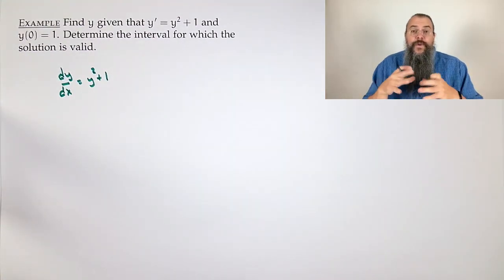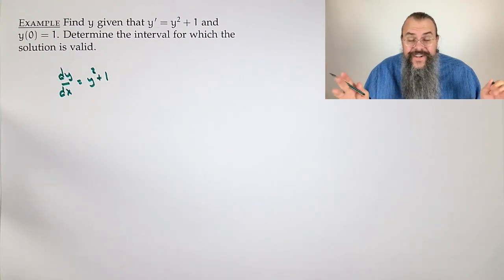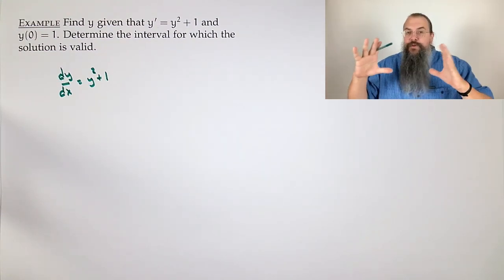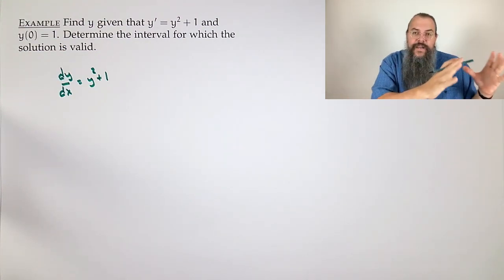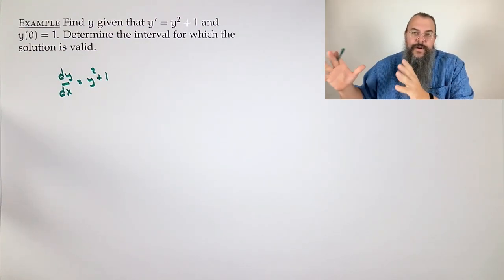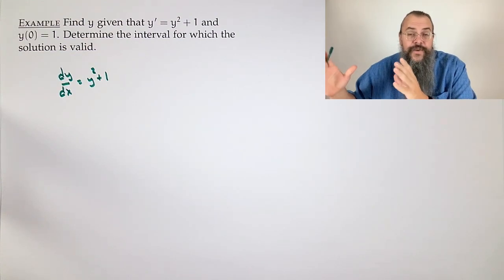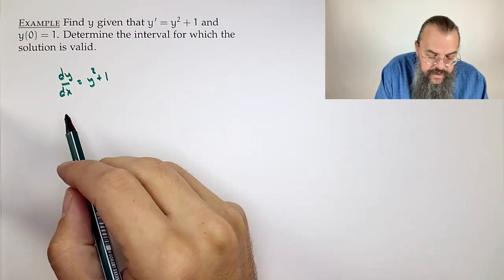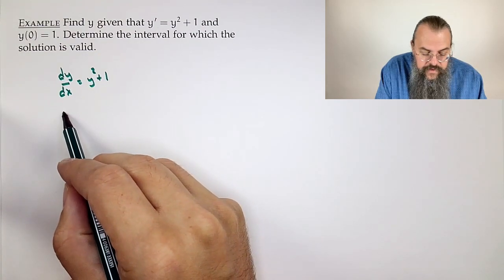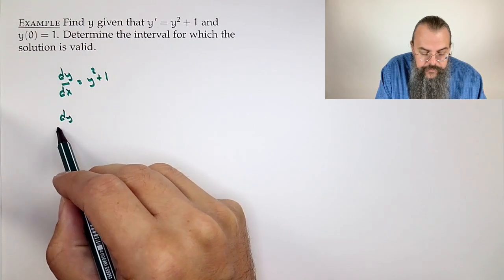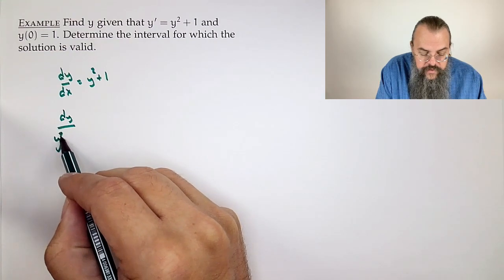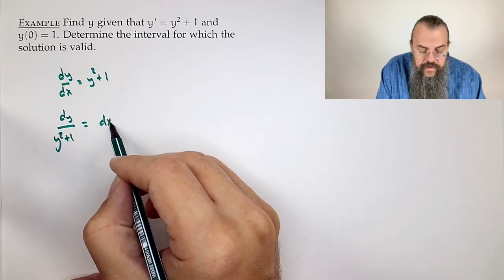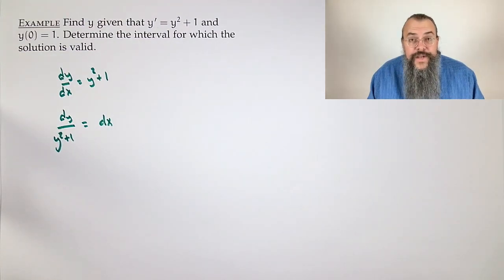And notice, when there is no x at all, it's always going to be separable, because you can just put the dy dx on one side, the other stuff on the other side, and then just divide. By that I mean, this is really the same as dy divided by y squared plus 1 is equal to dx. And now we've done our separation.